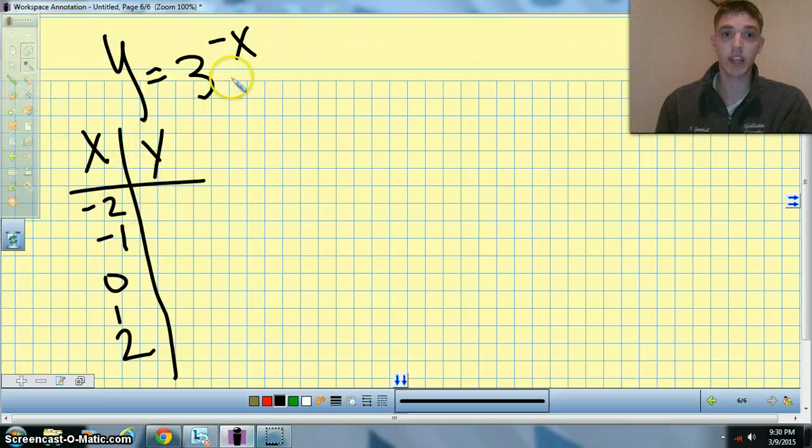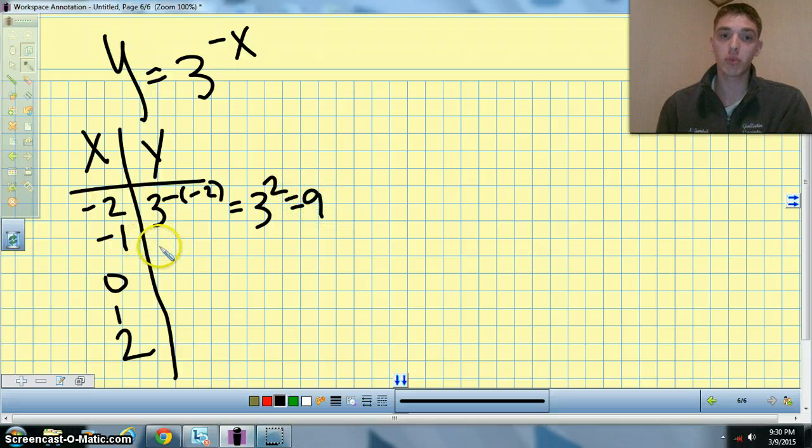Okay, so we're plugging in negative 2 for x. So 3 to the negative negative 2. Now we know when we minus a negative, that becomes a positive. So 3 squared, which is 9. Plug in negative 1. 3 to the negative negative 1, again, is a positive 1, so just 3. 3 to the negative 0.